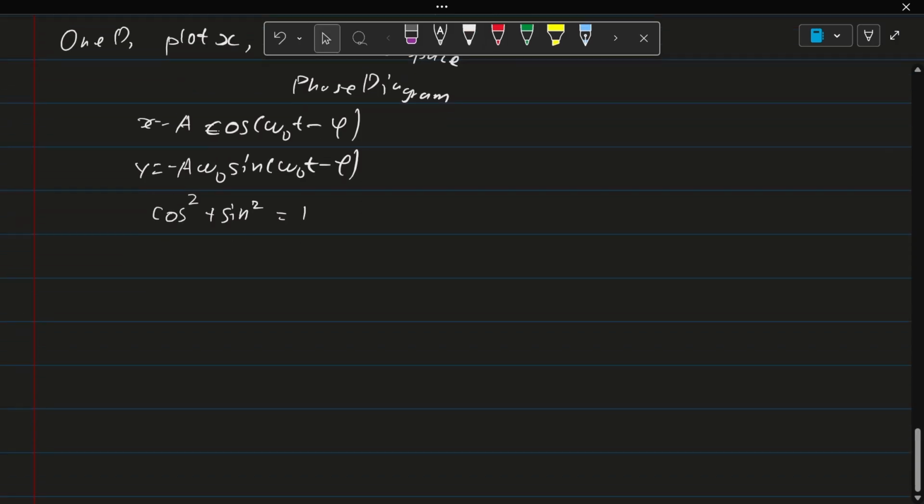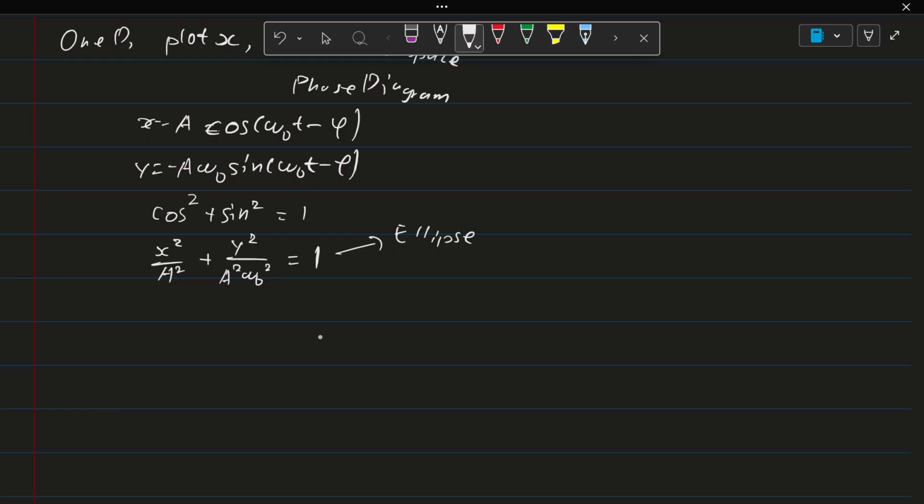Therefore, you would get a very elegant conclusion that x squared over A squared plus y squared over A squared omega 0 squared must equal 1. This straight away concludes that this should be an ellipse, or basically a family of ellipses, because every single A corresponds to a different ellipse.